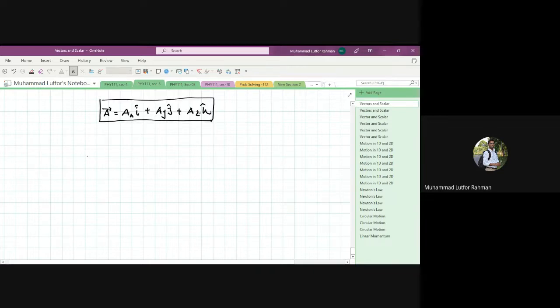Now ax, ay, and az are the components of that vector a in the x, y, and z axis respectively, and also i, j, k are the unit vectors towards those axes, right?